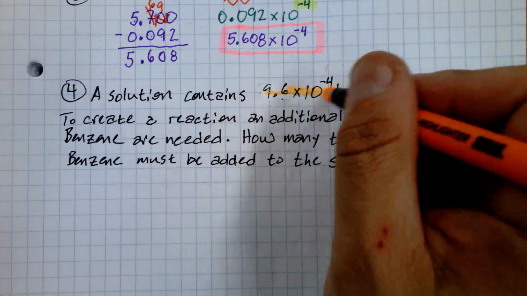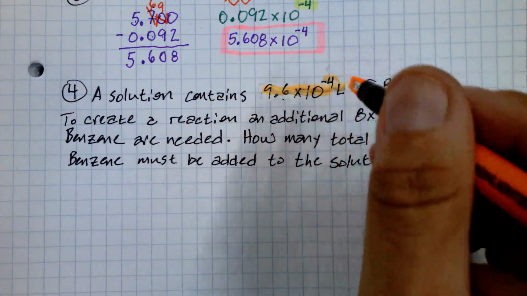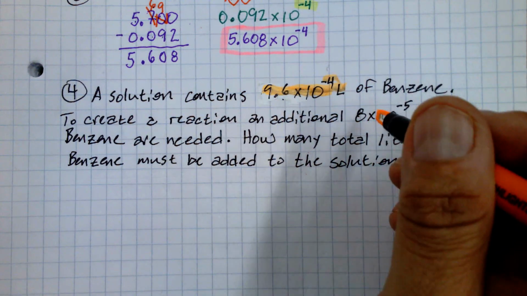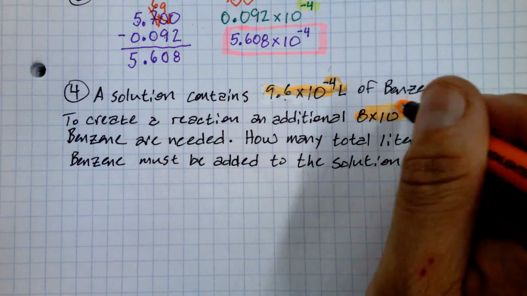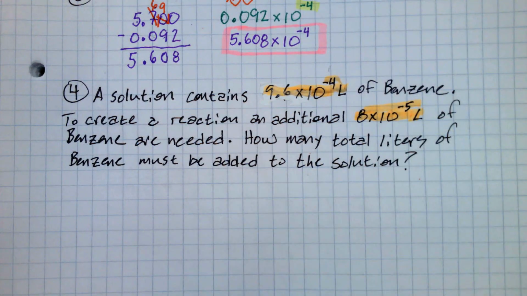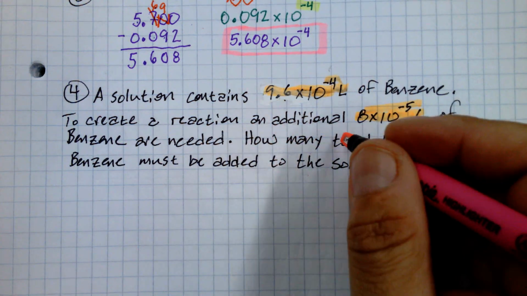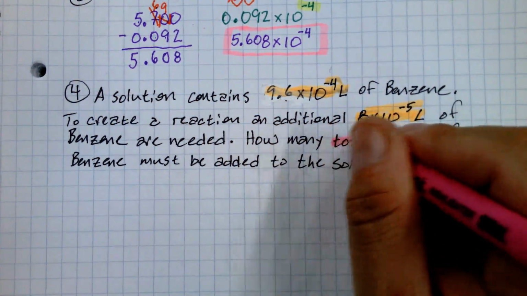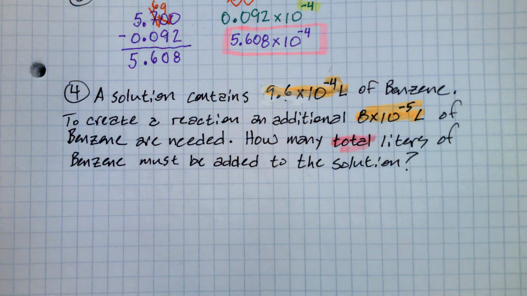So we're going to start off with this many liters. We need an additional 8 times 10 to the negative 5 liters. So we want to know how many total liters should we add. Just by hearing the word total, does that mean we add or subtract these numbers? Add. Yeah, look for keywords there. And this one definitely, when you total something up, you add it.